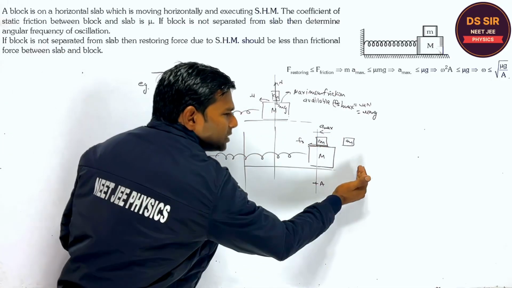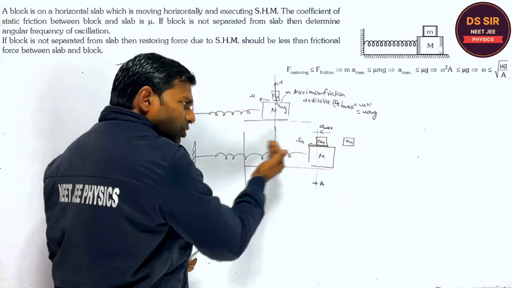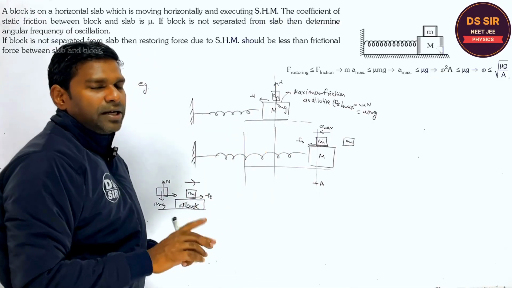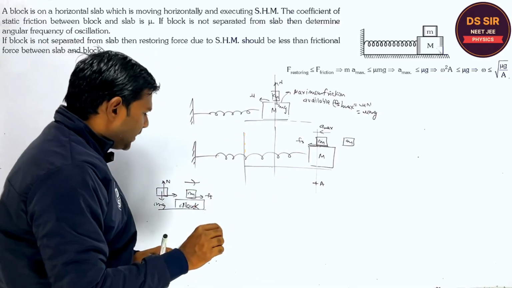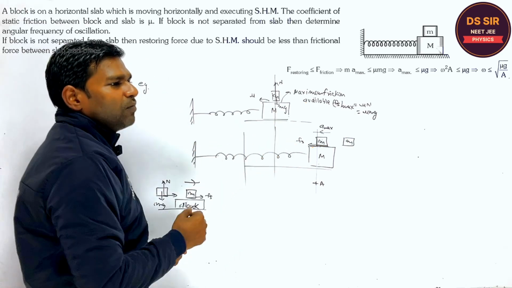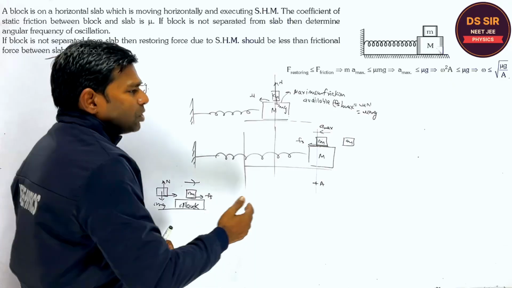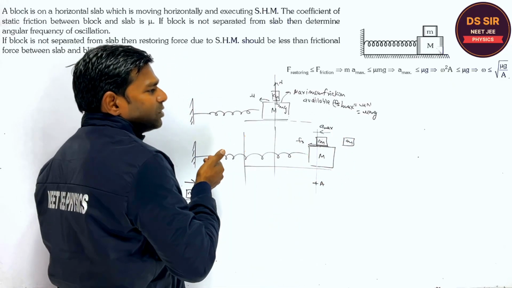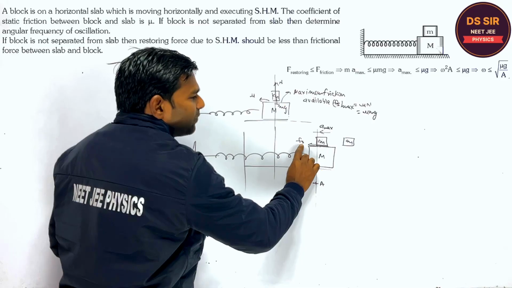When it is moving in this way, listen, whether it is moving left or right does not matter. What matters is where the acceleration is, along the net force. So if it is at this point, the static friction is acting over here. So what is the static friction?